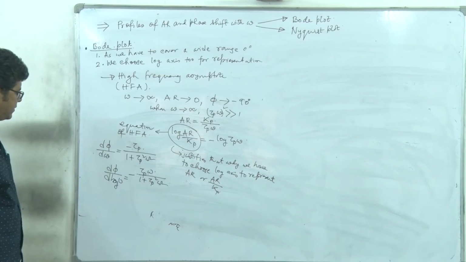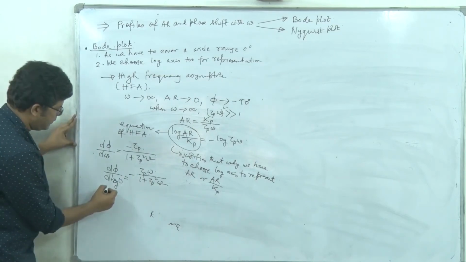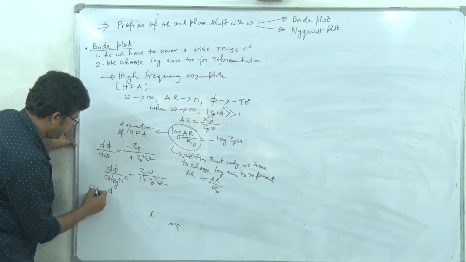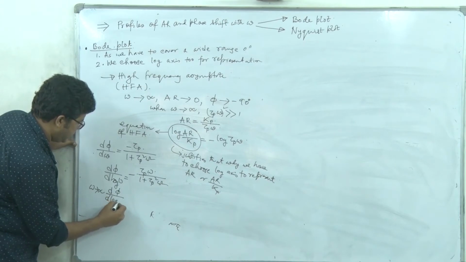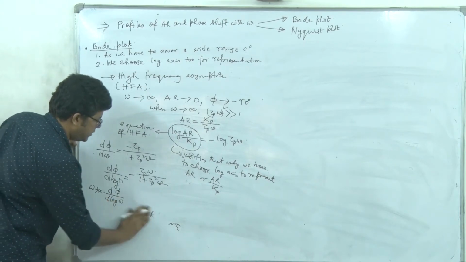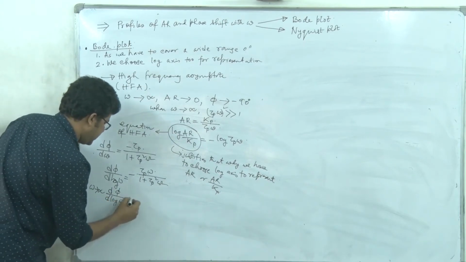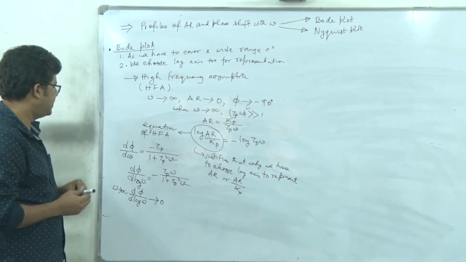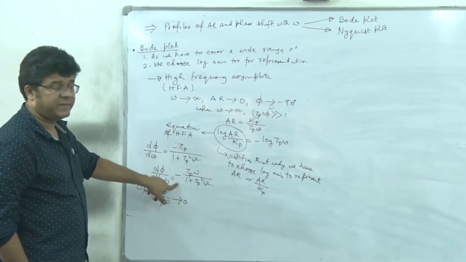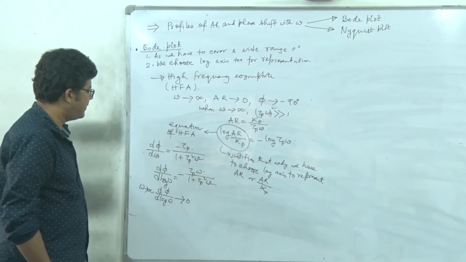That is the case. So the thing is, if omega tends to infinity, d of phi, d of log omega tends to what? Tends to 0. Why? Because omega tending to infinity, it's already infinity by infinity form.